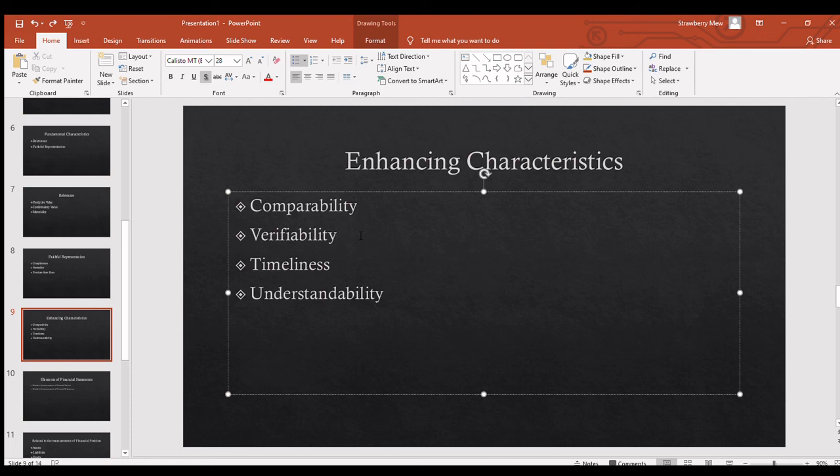Next is verifiability. Okay, verifiability helps assure users that information represents faithfully the economic phenomena it purports to represent. Okay, so verifiability means that information could be verifiable, meaning it could be checked kung tama ba or accurate ba ang information if presented with the same information, right?